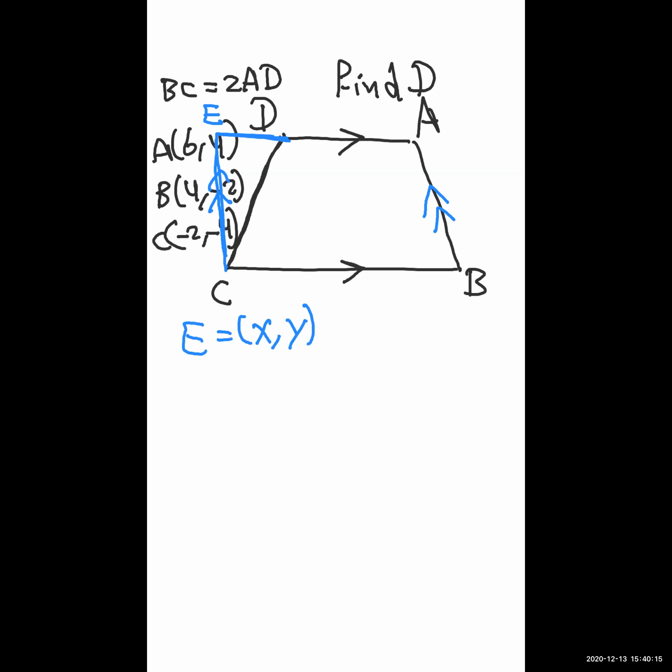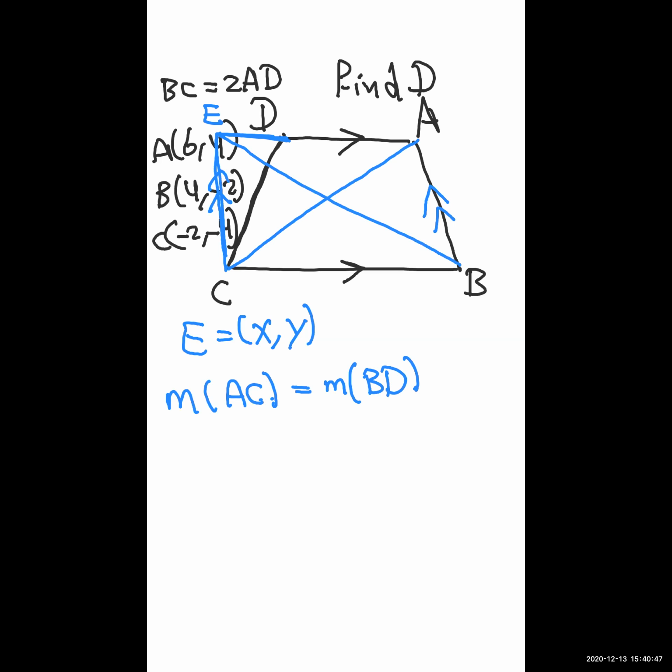Then I will get the midpoint of the diagonal AC, which will equal the midpoint of this other diagonal. So the midpoint of AC, it's a parallelogram, will equal the midpoint of BD, right?